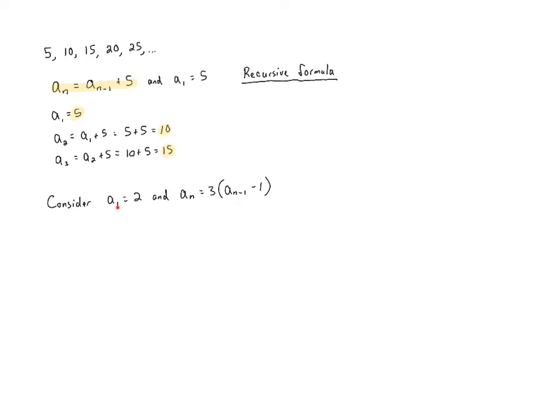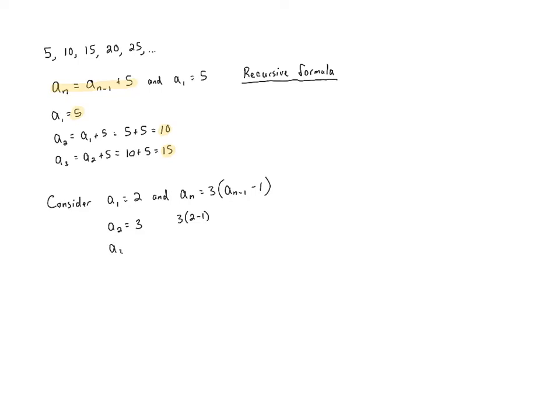So we've got a sub 1, that's our starting term. To find a sub 2, we need to take a sub 1, subtract 1, and then multiply by 3. So here, 2 minus 1 is 1, and when we multiply that by 3, we get 3. It's basically 3 times 2 minus 1.